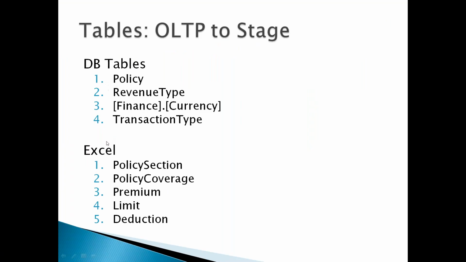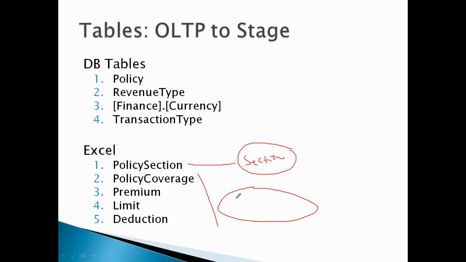If you remember, policy section is an Excel sheet that you can use. And we have one more Excel sheet that is going to have all this data. The second Excel is going to have all these sheets. We have to get all the data from here, and it has to go to the staging. Clear? That is what we're going to be doing later.